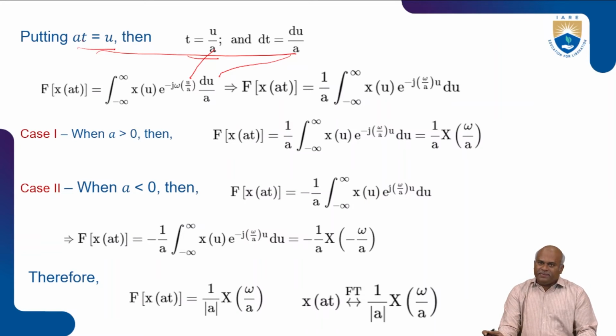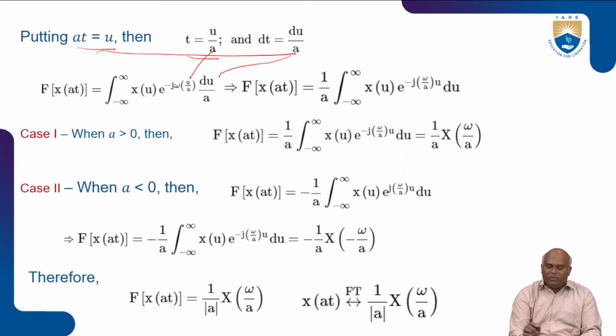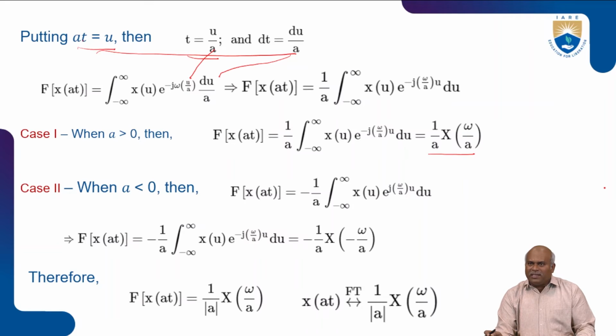Now this case will have two conditions: case 1 is a greater than 0 and case 2 is a less than 0. Then how do we represent both conditions? The Fourier transform of x of a t is equal to 1 by a times the integration from minus infinity to plus infinity of x of u e power minus j omega divided by a u du, and that I write as 1 by a times X of omega by a.